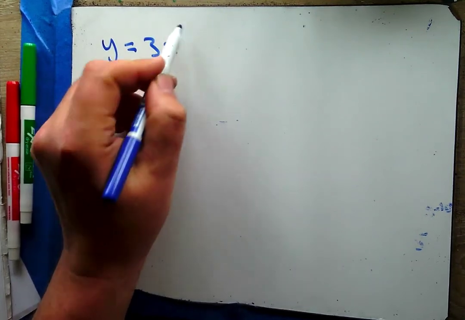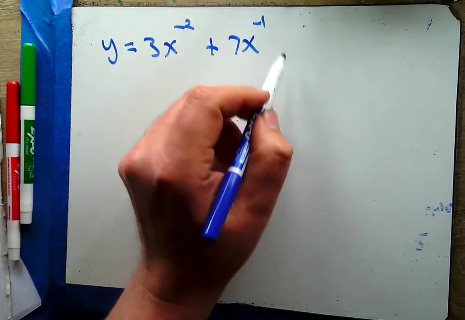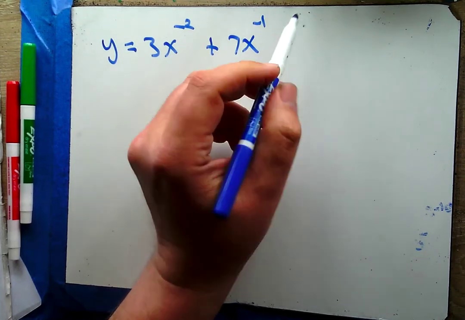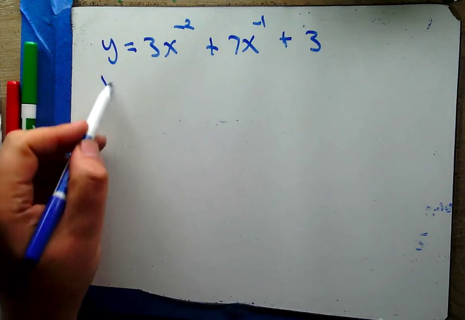So then how about y equals 3x to the minus 2 plus 7x to the minus 1 plus 3. Y prime.